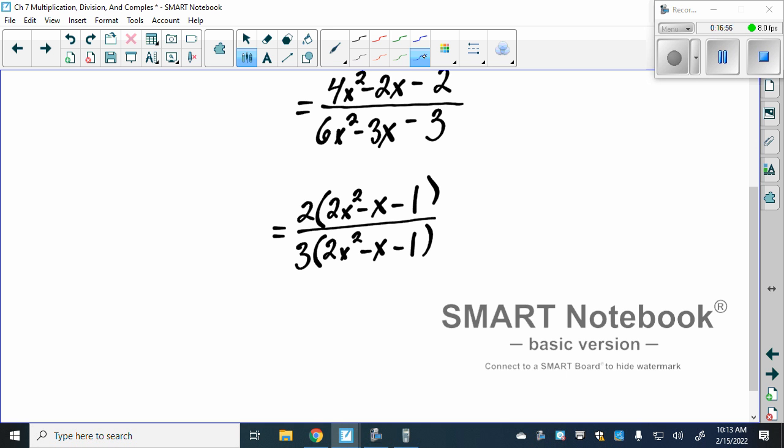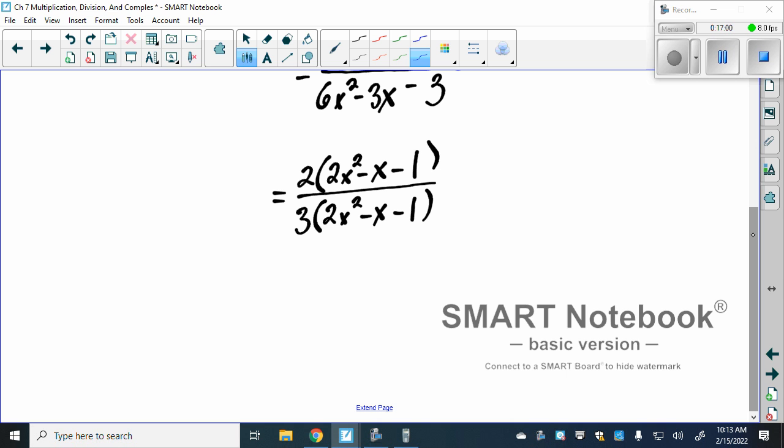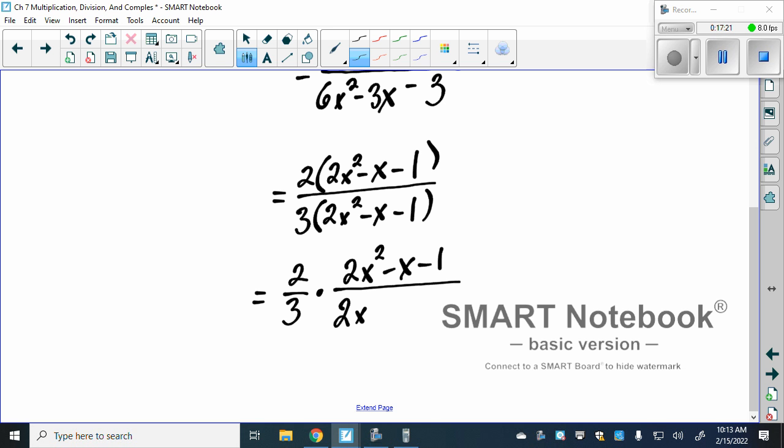Now, I'm going to show this step here, it's probably going to make some of the simplification a little bit more understandable. Because when I multiplied two fractions together, we multiply the tops with the tops and the bottoms with the bottoms. So when we simplify, really what we're saying is that I have 2/3 times the 2x squared minus x minus 1 over. Because with multiplication, I can break it apart like this here.